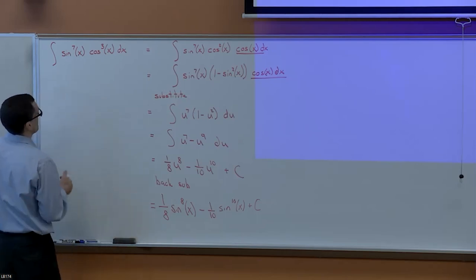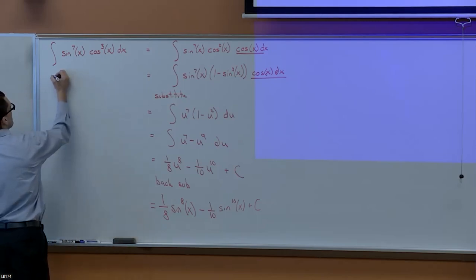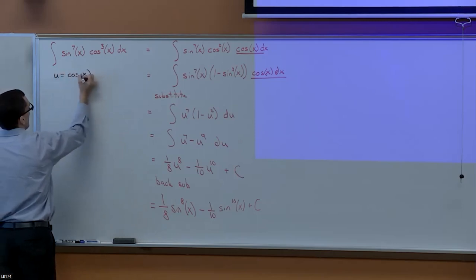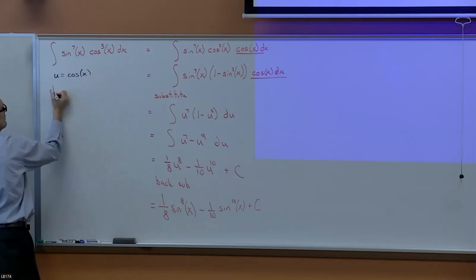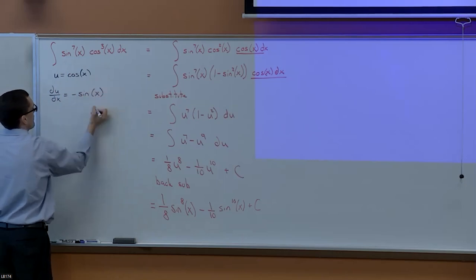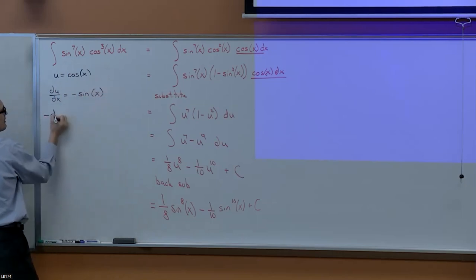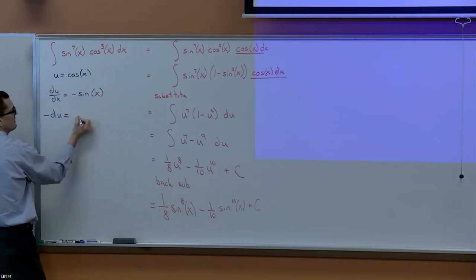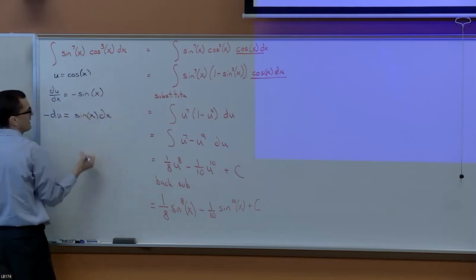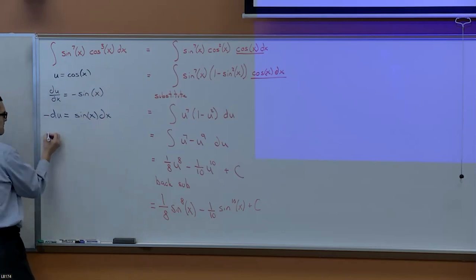So I'm going to do the same one, but I'm going to let u be cosine of x. And that means we have that negative du is equal to sine x dx. I did two steps there.